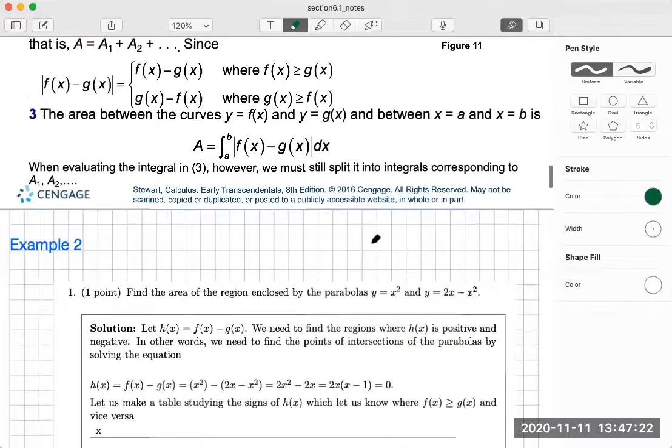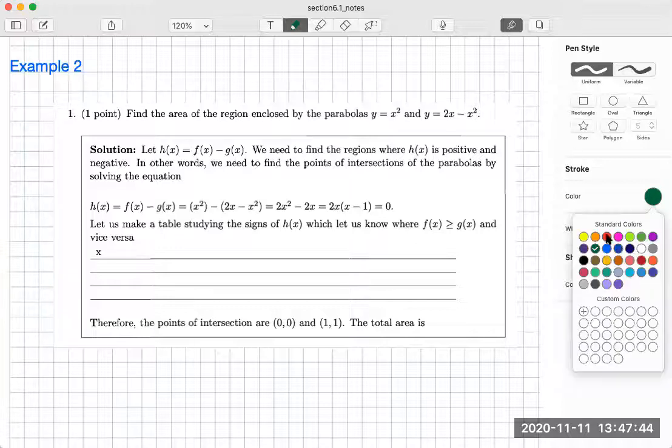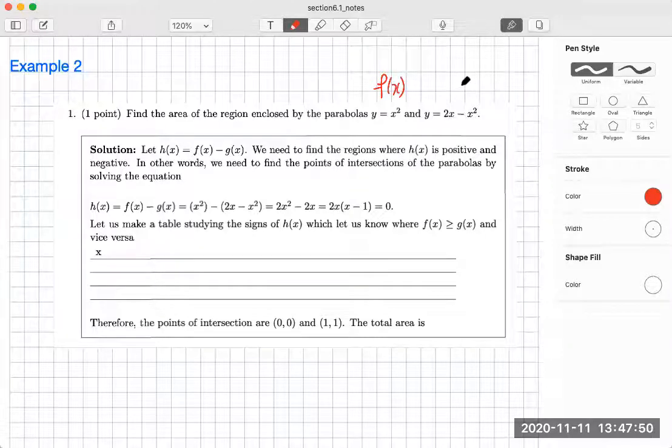So let us play with this example. Find the area of the region enclosed by the parabolas y is equal to x squared and y is 2x minus x squared. So if we define the function f is x squared and the function g is 2x minus x squared, then let us consider the function h of x.